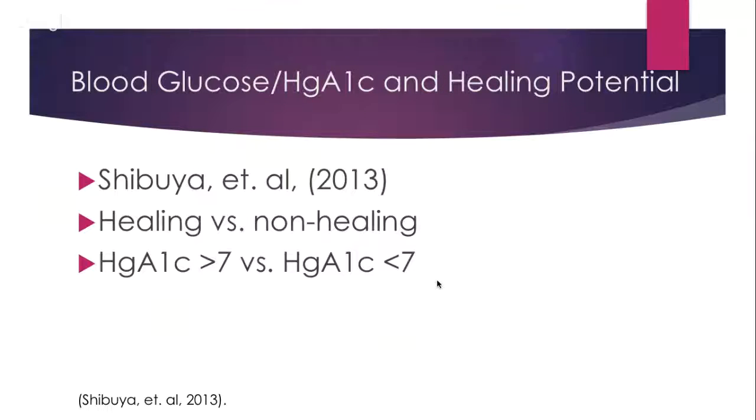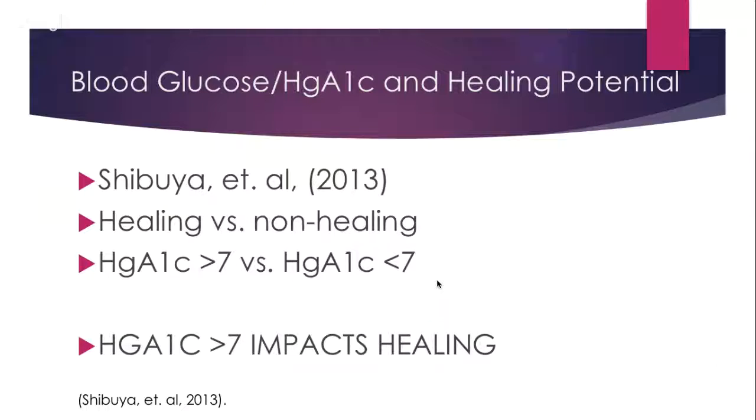The final research paper that I found was completed in 2013, and this study looked specifically at hemoglobin A1Cs that were greater than 7 versus hemoglobin A1Cs less than 7, and whether this affected the healing or non-healing of a wound following a foot or ankle surgery.